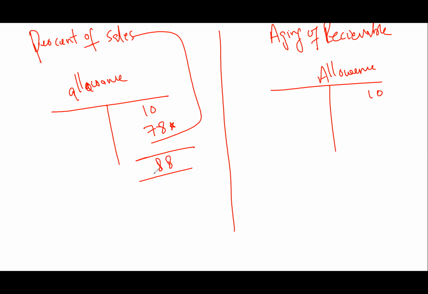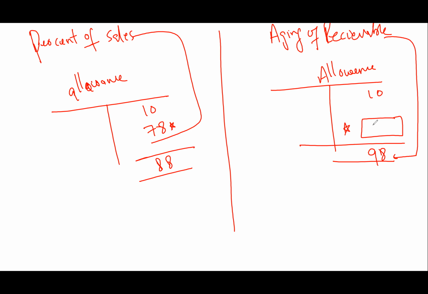Right, Misha? But the aging of receivable will tell you the total balance of allowance, which is 98. So we need to make an entry of this figure.